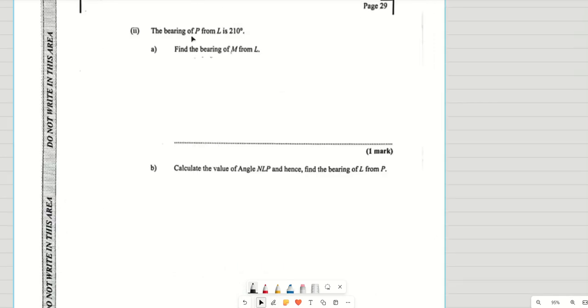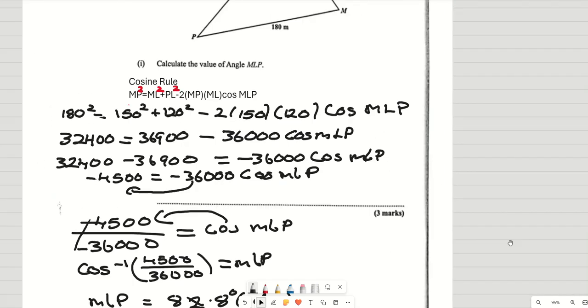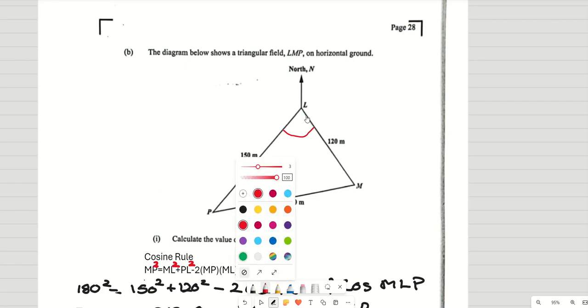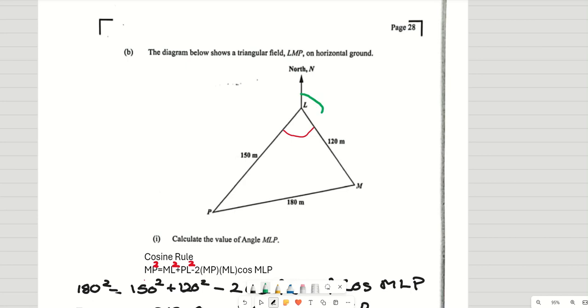Okay, so part 2, the bearing of P from L. Let's look at that. From L to P, I'm going to put that in green. From L to P, all right, equals to, how much did they say? 210.